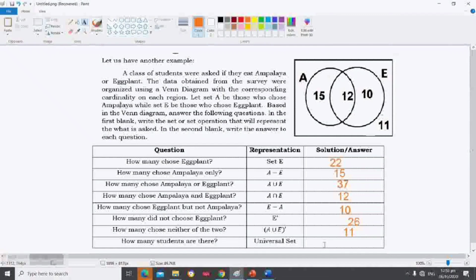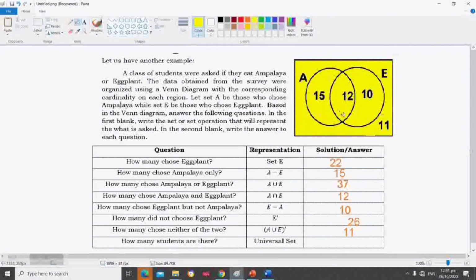Okay, and the last question, how many students are there? So from that question, we can say that it represents the universal set. So ano ba yung universal set? It has all the elements. So therefore, we simply shade everything.